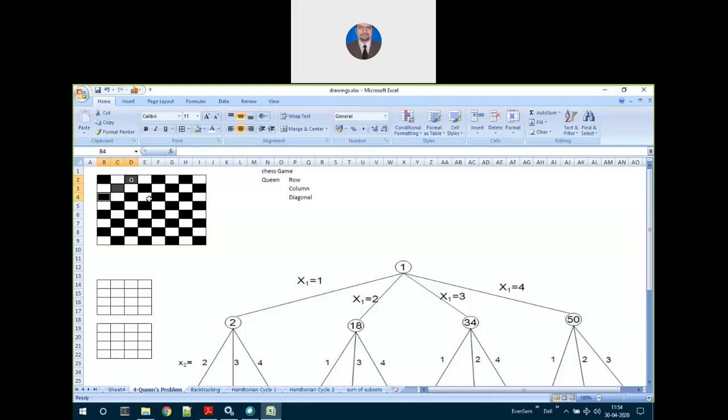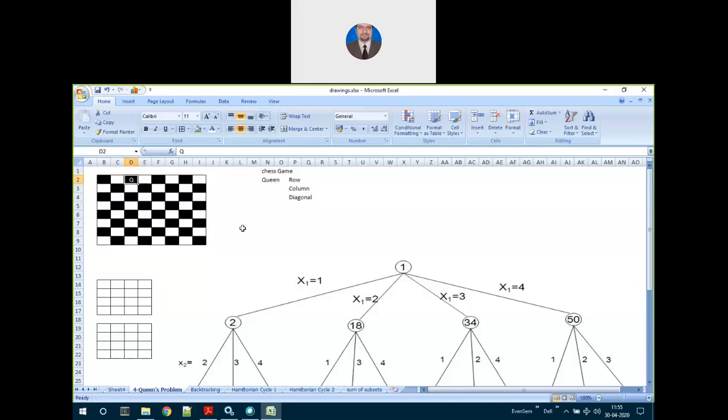Now think of a chessboard, or a game, wherein there are n queens. Here n queens means if there is a chessboard of 8 cross 8 cells, then we can have 8 queens.